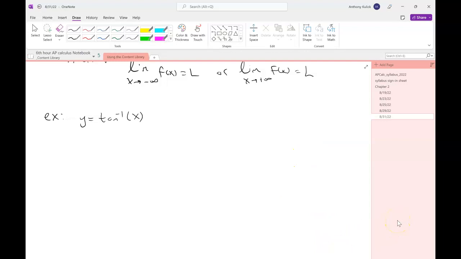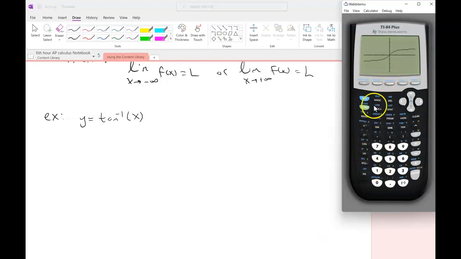If I'm looking for the asymptotes here, I'm looking at a picture, right? So there's y equals tan inverse of x.